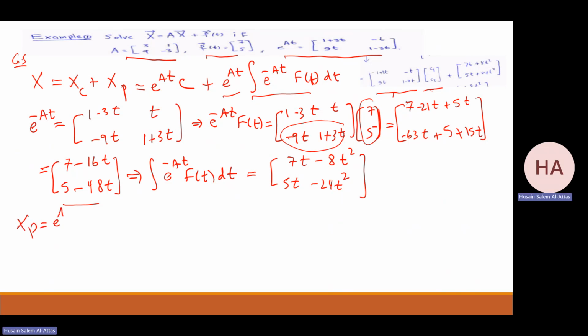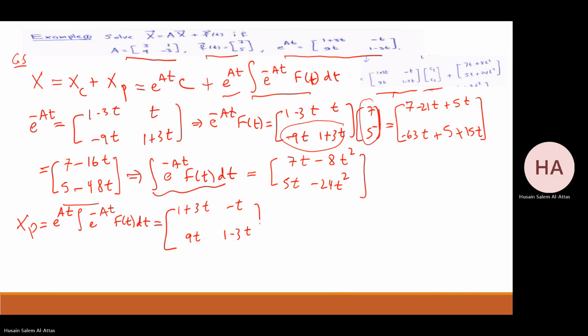So what will be xp? It will be e to the power At times this integral of e to the power minus At f of t dt. Yeah, let me do the product now. That will be complicated. 1 plus 3t, minus t, 9t, 1 minus 3t times this.